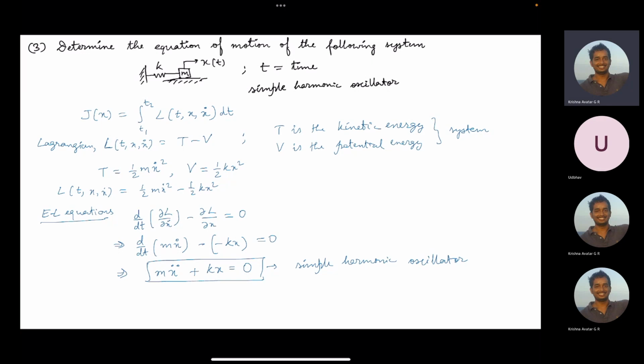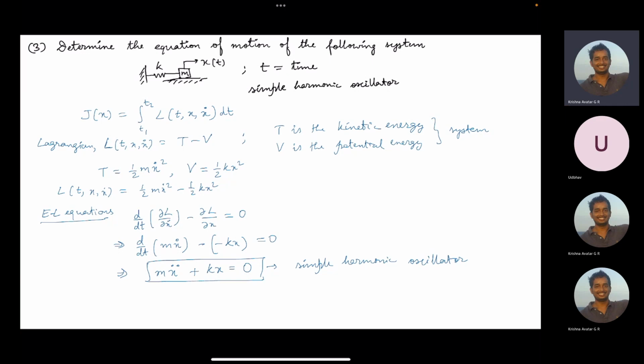Kinetic energy is defined for a mass, denoted by m, as half into mass into velocity squared, and velocity is the rate of change of displacement. So we have T equal to half m x dot squared. V denotes potential energy, and since our mass is oscillating on a horizontal surface, the only potential energy is the strain energy in the spring.